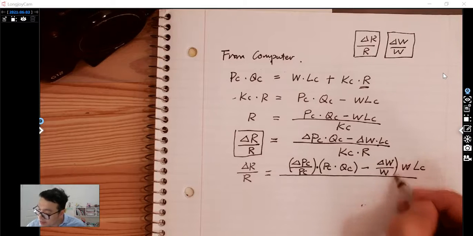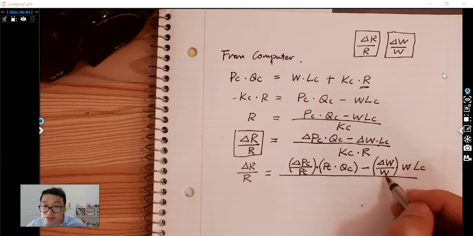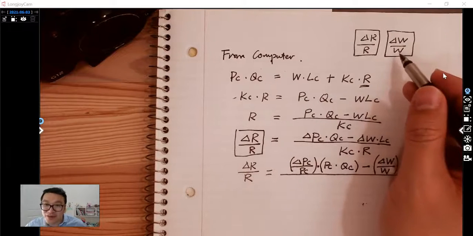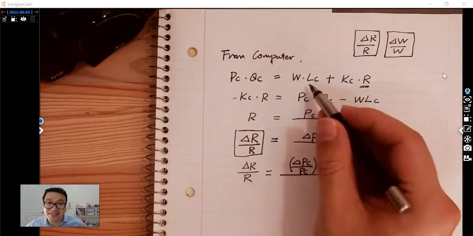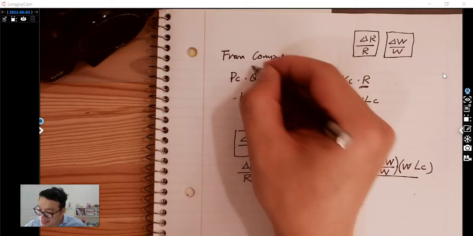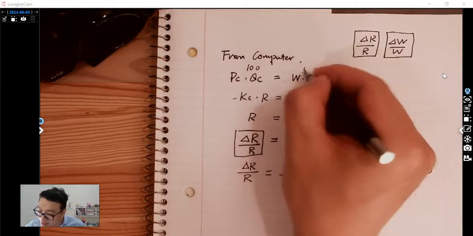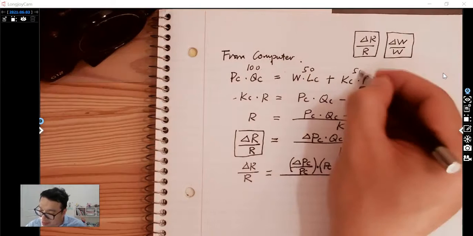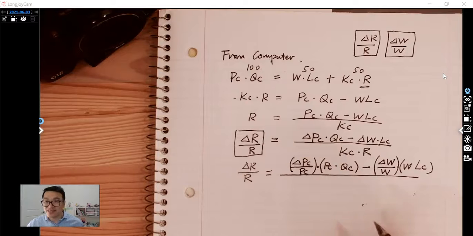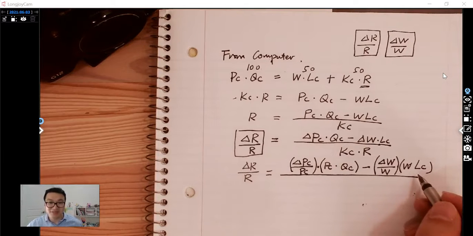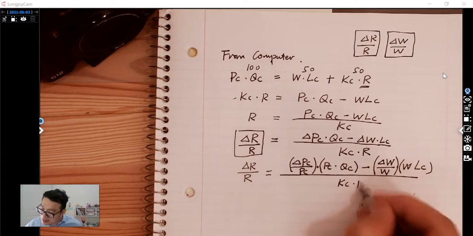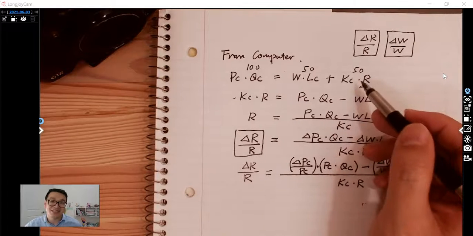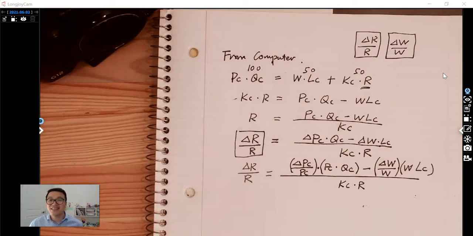And once again, delta W over W is something we are looking for, and W times LC is given in the question: the total revenue is 100, W times LC is 100, and KC times R is 50. So these are also values we can use. And finally, the denominator is KC times R, which is given. All right, so everything is good.